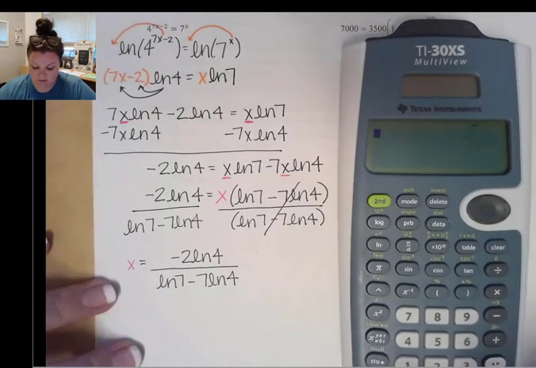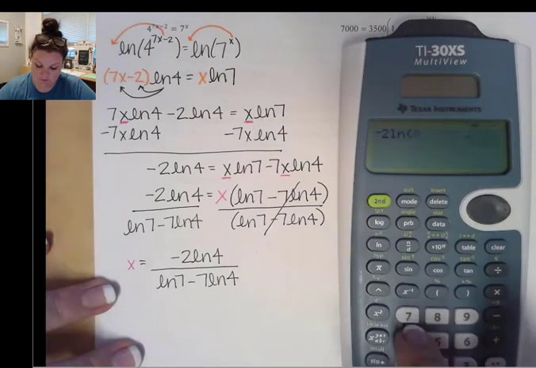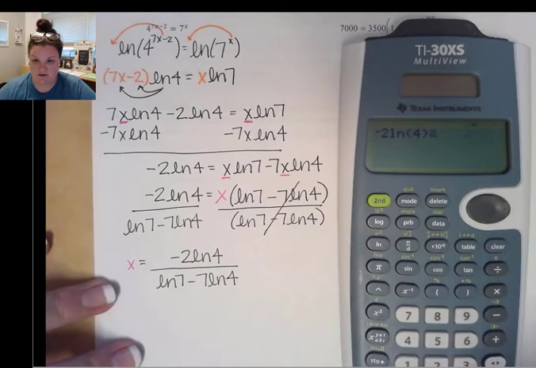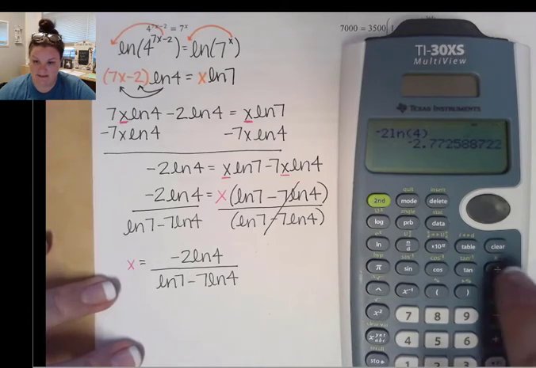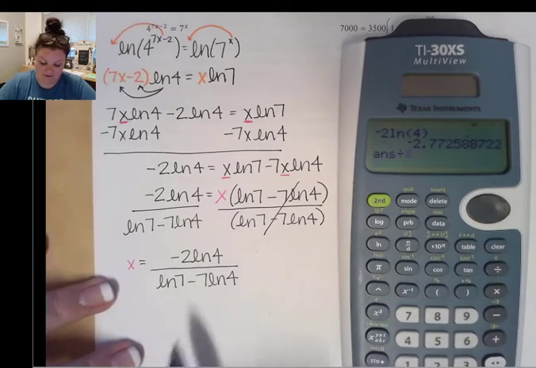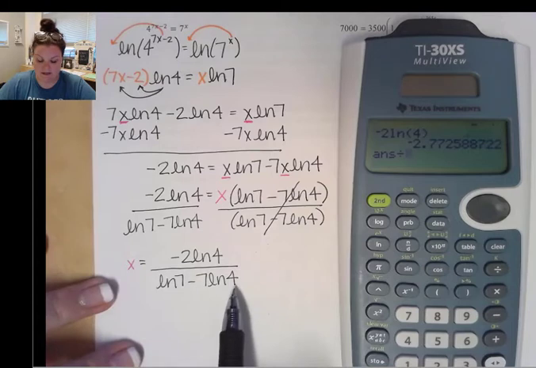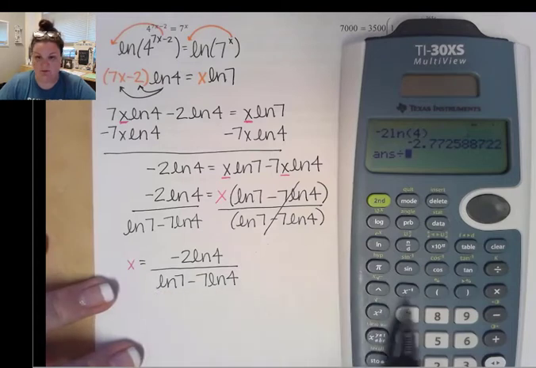Let's see. Negative 2 ln 4 on top, and I'm just going to go ahead and get an answer for that, okay? And then I'm going to divide. Now I have to divide this whole mess. So I need to put parentheses around this when I put it in my calculator to show this whole thing is getting divided off.